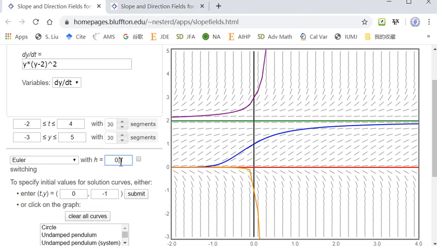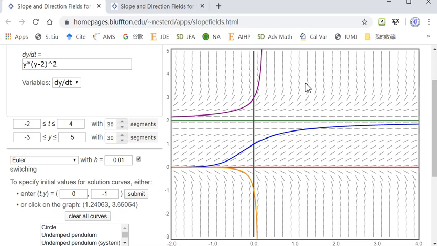When h becomes smaller, the curve will become smoother. Therefore, we replace this h by 0.01 and click here to switch. So the curve will become smooth. Wonderful.